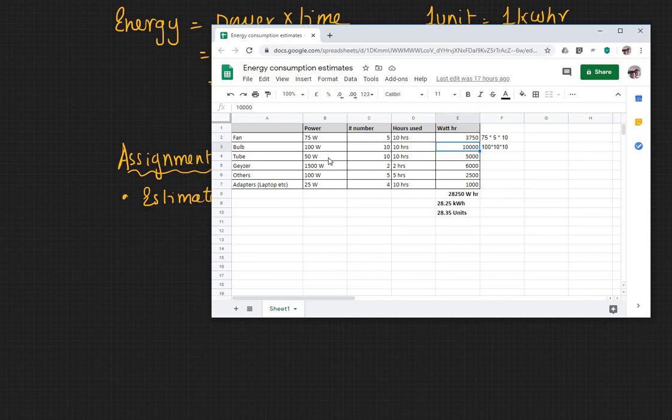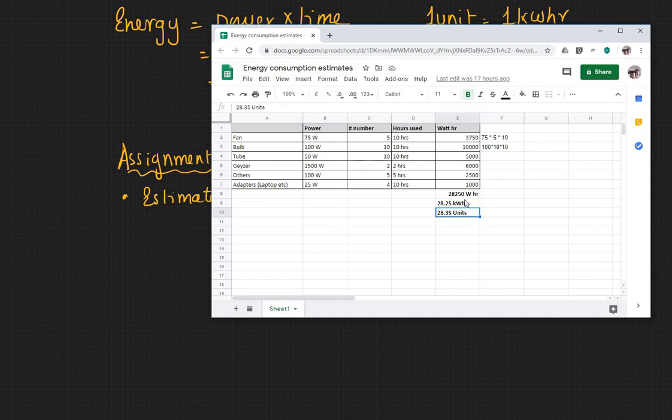Similarly, you can calculate for other elements in your home. And finally, what you have is the sum of all the watt hours, that amounts to 28,250 watt hour, and that's about 28.25 kilowatt hour. You divide this by 1000 to get your units in kilowatt hour, and that's what you call commercial units.